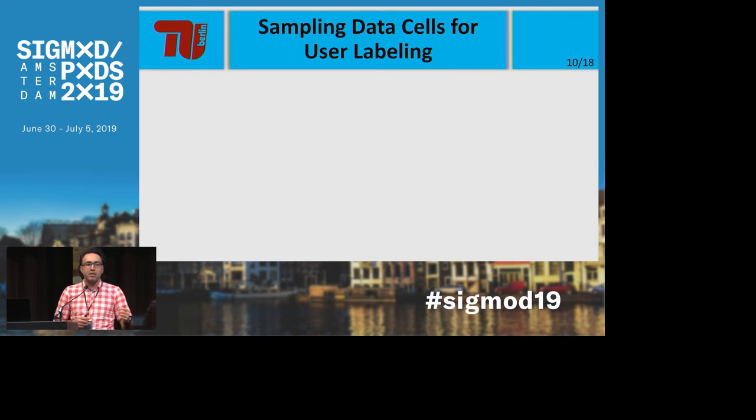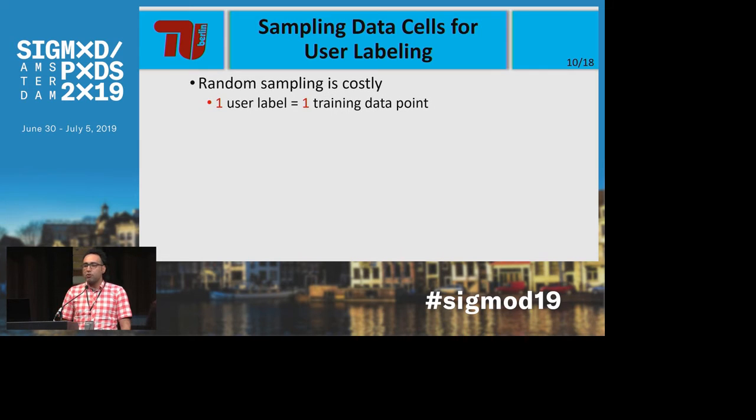The next challenge, as I told you, is that we need to sample some data cells to be labeled by the user because we want to train some classifiers. A very basic approach could be to just randomly sample some data cells from our data set. This approach works, but it's inefficient because each given user label gives us one data point in our training set.